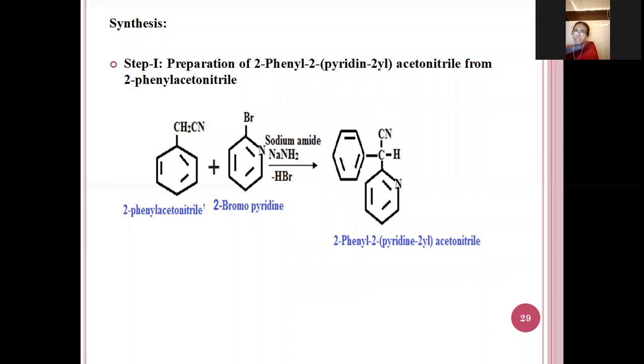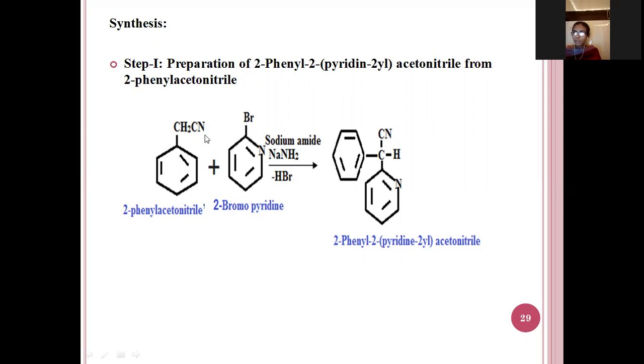Next, synthesis. So synthesis involves a three-step process. The first step involves the preparation of 2-phenyl-2-pyridin-2-yl acetonitrile from 2-phenyl acetonitrile. So the starting material is 2-phenyl acetonitrile, which is reacted with 2-bromopyridine in presence of sodium amide.